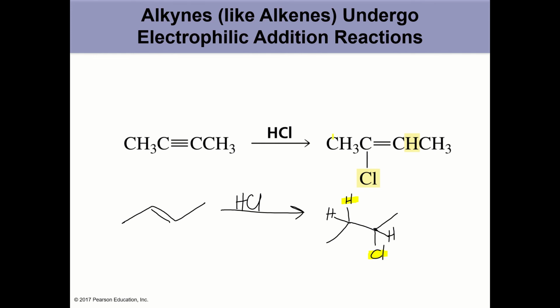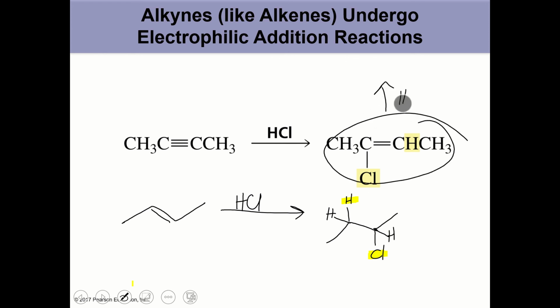Because alkenes also react with HCl, if I then treat this molecule with another equivalent of HCl, the alkene is then going to add hydrogen and chlorine to the pi bond.